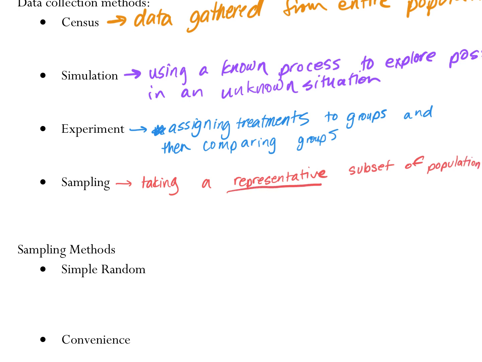And by representative, that's where that randomness comes in. You want a sample to be random because that's the best way to ensure it is representative.